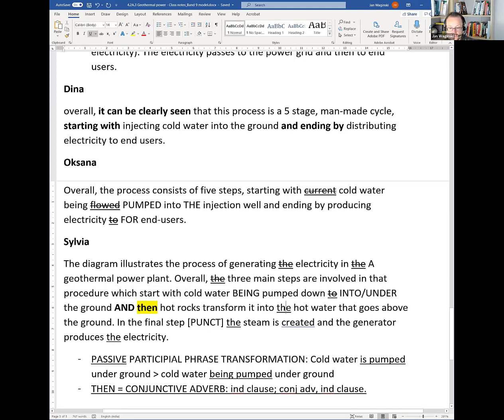Let's transform it. What's the punctuation here, in the final step? Yeah, what's the punctuation that we need here? A comma.